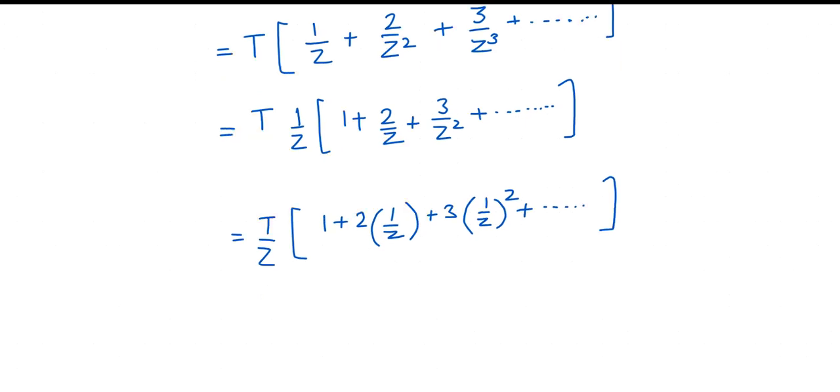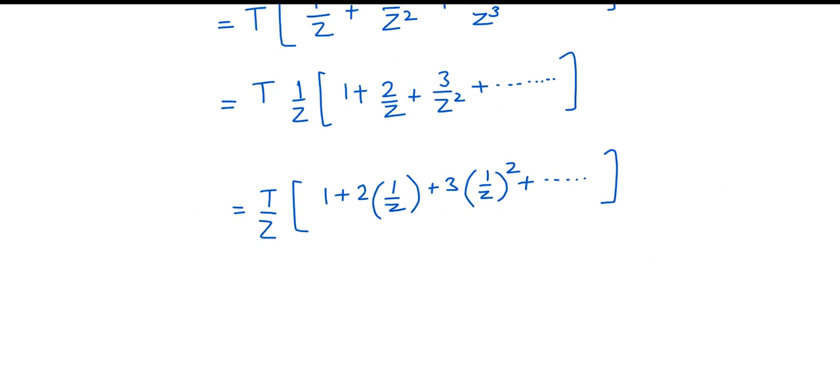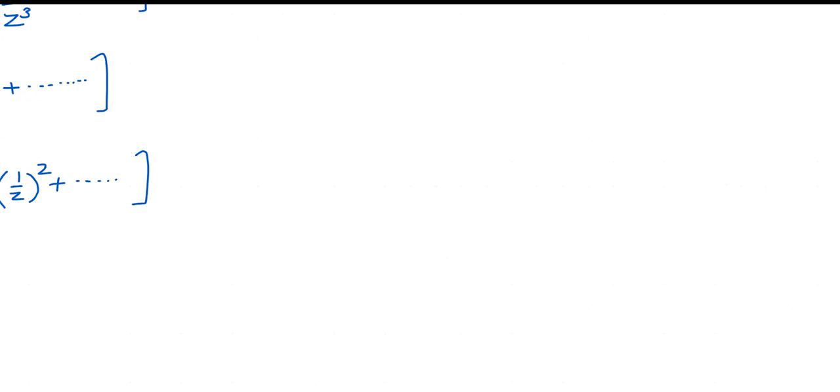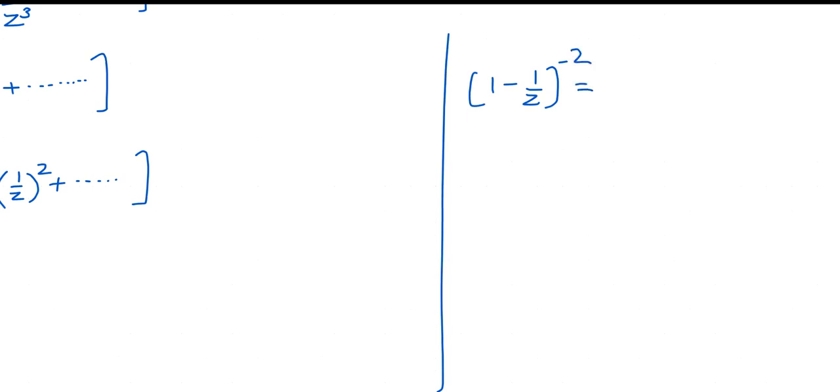And which is equal to, if we find the binomial expansion of this, we can use this directly, because the binomial expansion of 1 minus 1 upon z to the power minus 2 is the same as this expansion: 1 plus 2 over z plus 3 over z square and so on.